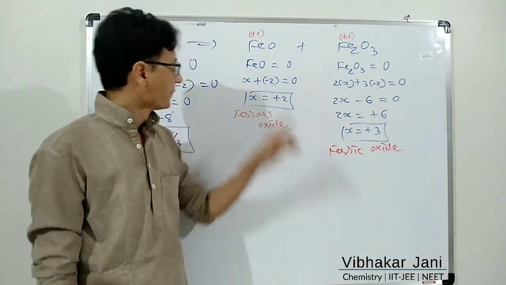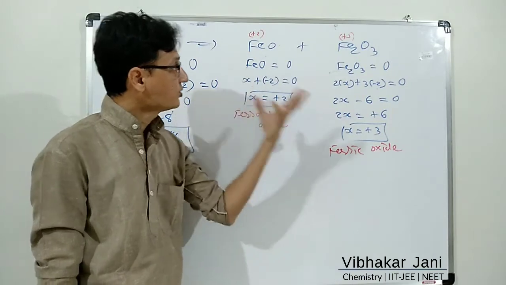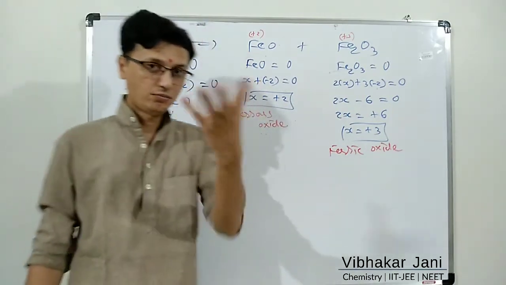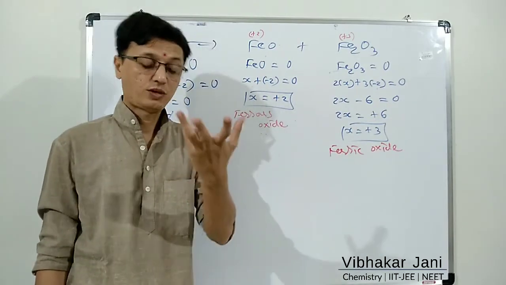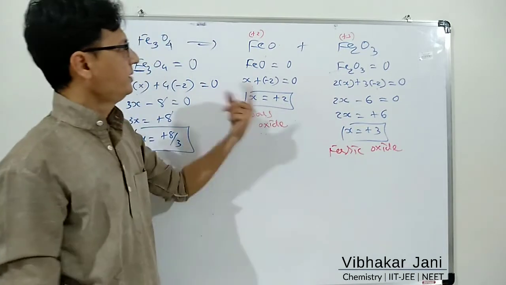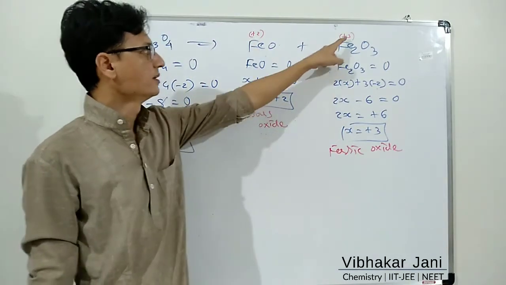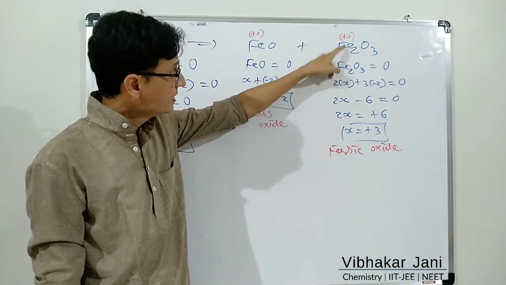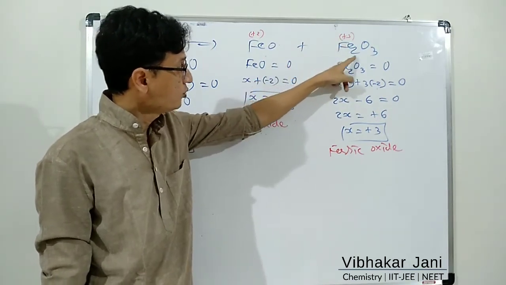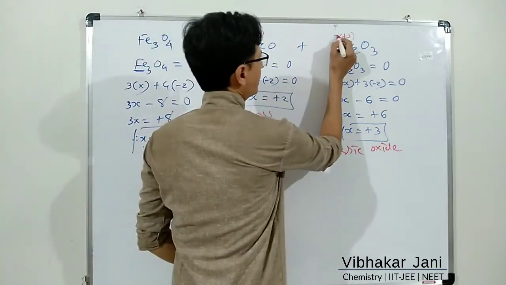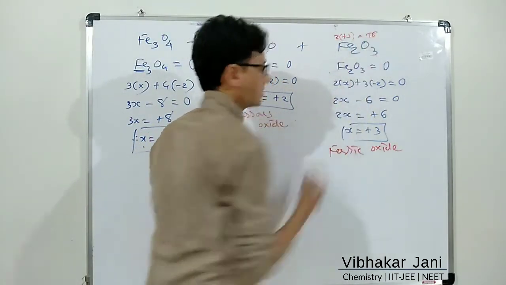Now, let us count the average oxidation state for all these Fe. Average means the total charge on Fe divided by the total number of Fe. Now, what will be the total charge? 2 plus 3 times 2. 1 Fe is in +2, and we have two such Fe in +3. That means the total charge will be +3 multiplied by 2, that is +6.